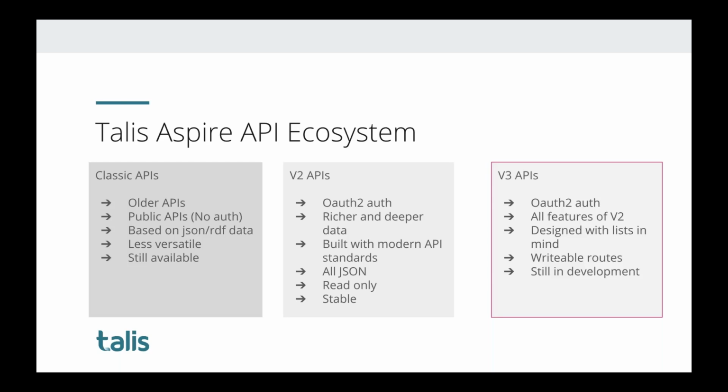That is all powered by the V3 APIs, meaning that a lot more information on the list structure and all things around the list, everything that's needed to create that list view, all that data comes through from the V3 APIs. So it is very similar to the V2 APIs in that we're OAuth 2 authenticated. It maintains all the features such as JSON and the modern API standards, built with lists in mind.